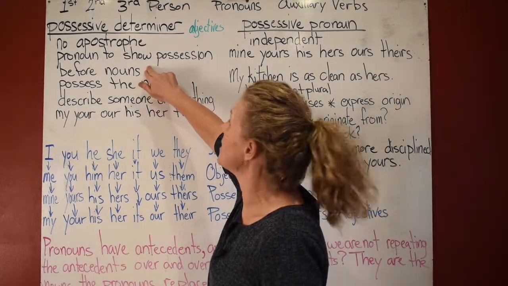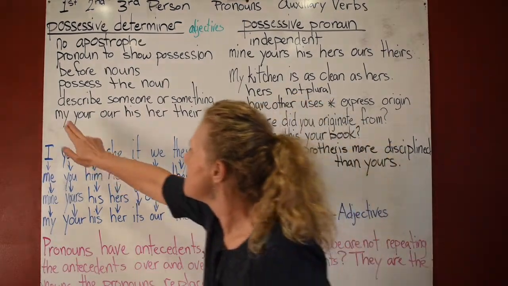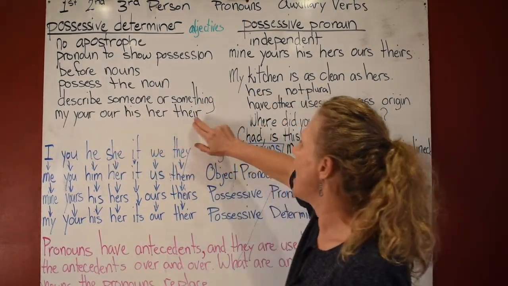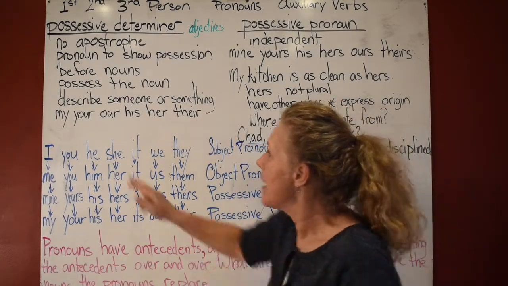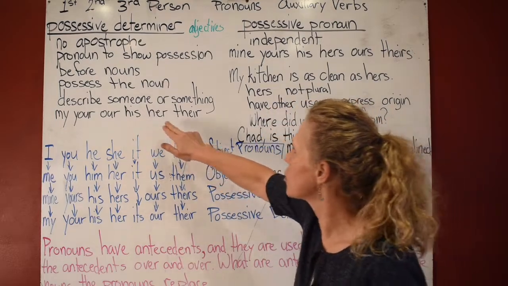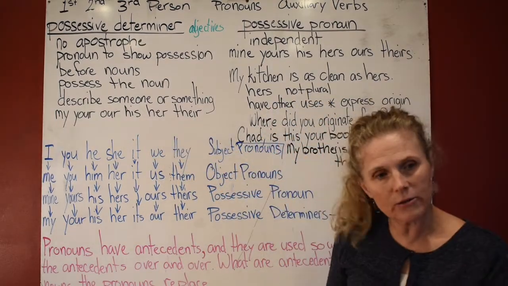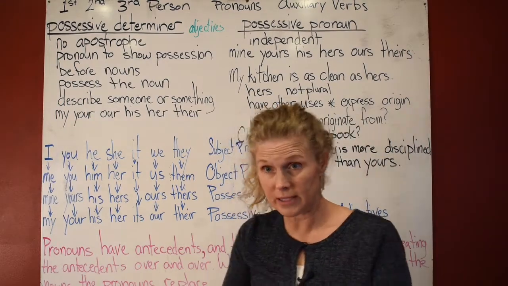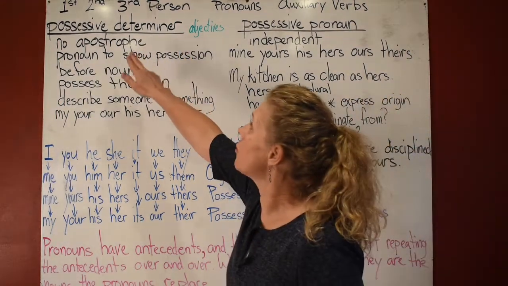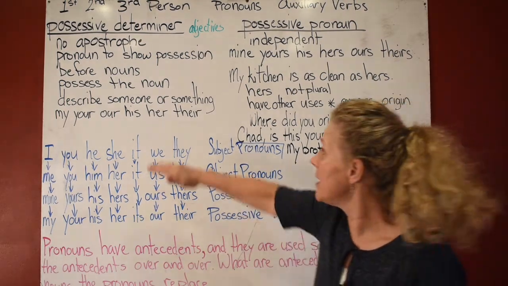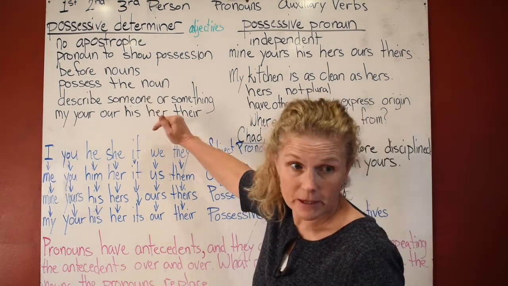They come before the nouns. All right? My, your, our, his, her, and their. Their house. My house, your house, our house, his house, her house, their house. See how it's coming right before? Does that make sense? That means those are possessive determiners. Those are your adjectives in the pronoun family.